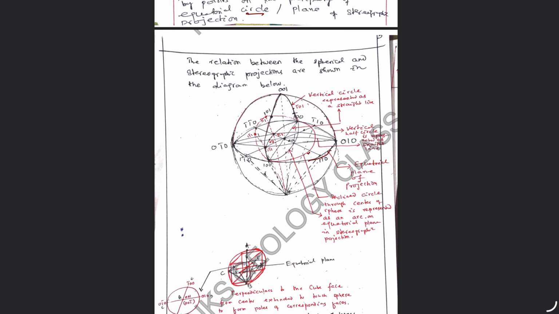Horizontal faces will occur at the center. Vertical faces will occur at this periphery zone. And inclined planes will occur inside this circle, not at the center, not at the periphery, but inside. So an inclined circle through the center of the sphere is represented as an arc on the equatorial plane in stereographic projection.